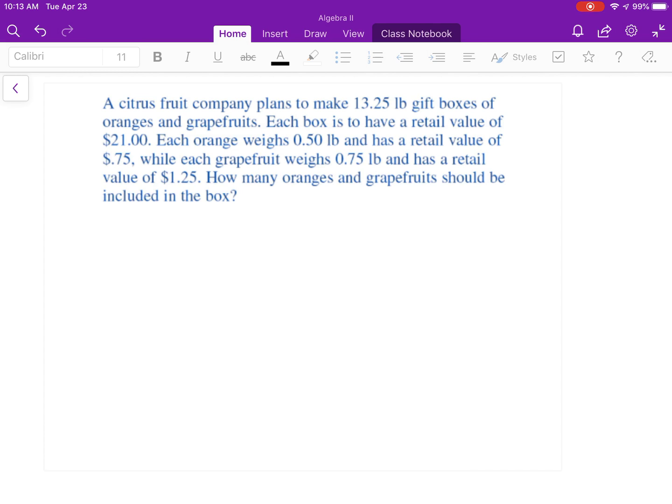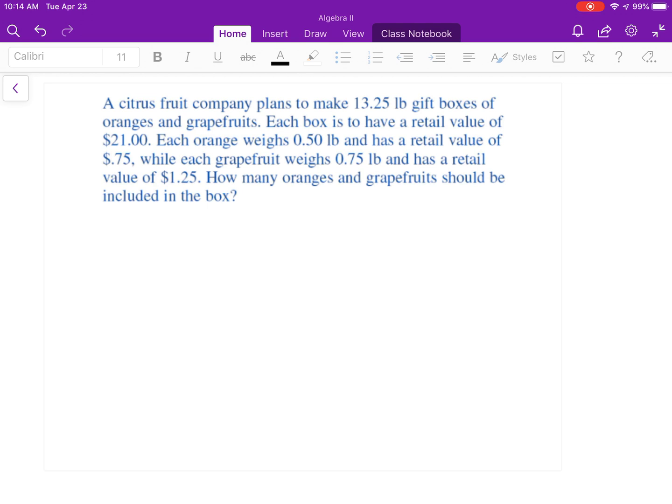We tried to solve the last one by graph and it didn't go so hot, but let's say a citrus fruit company plans on making 13.25 pounds of gift boxes of oranges and grapefruit. Each box has to have a retail value of $21. Each orange box weighs 0.5 pounds and has a retail value of 0.75, while the grapefruit box weighs 0.75 pounds and has a retail value of $1.25.